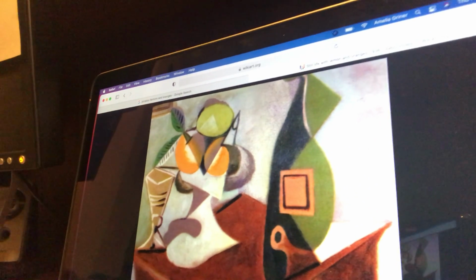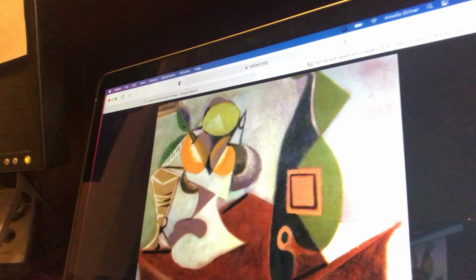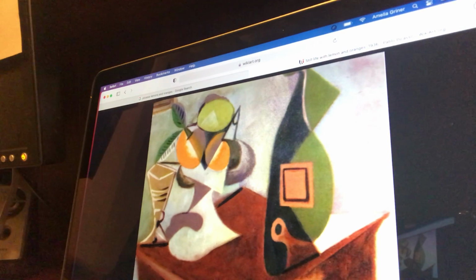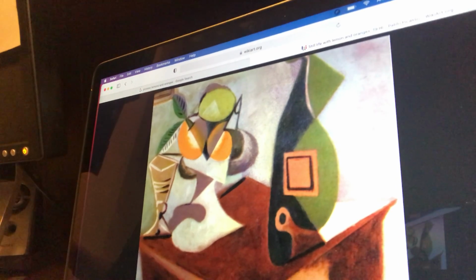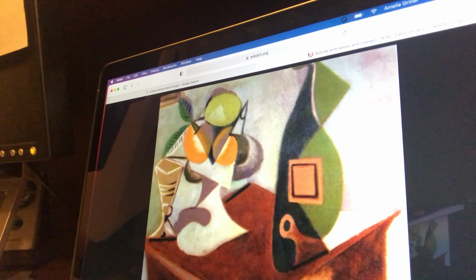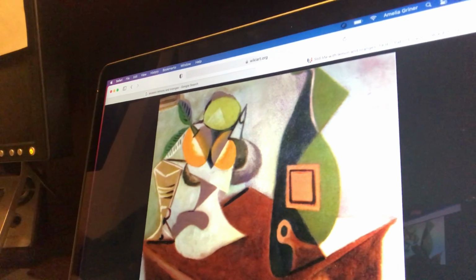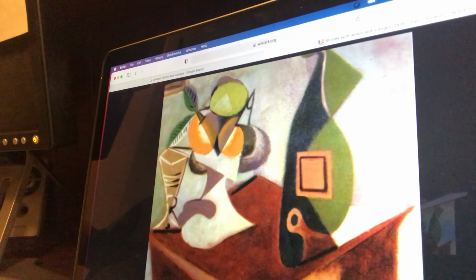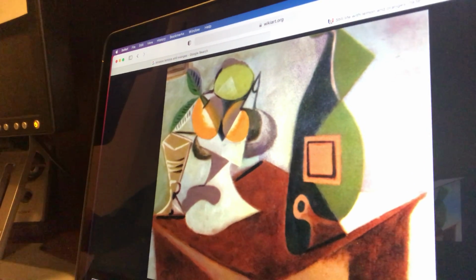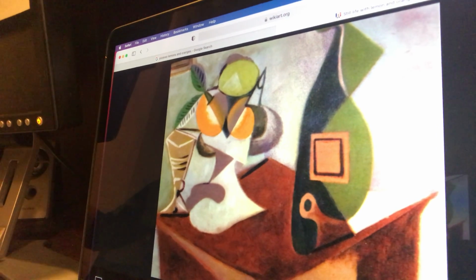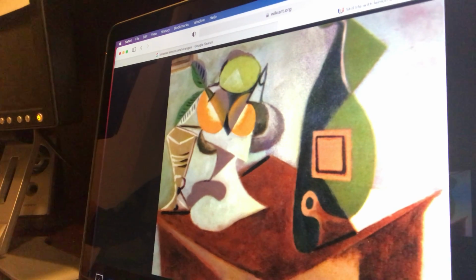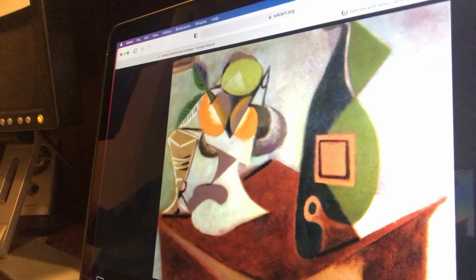What do you see? I see oranges. I see a lemon. So Cubism was the first abstract art style, which began in the early 1900s. They tried to create a new way of seeing things in art. Most subjects were broken down to their basic geometric shapes.